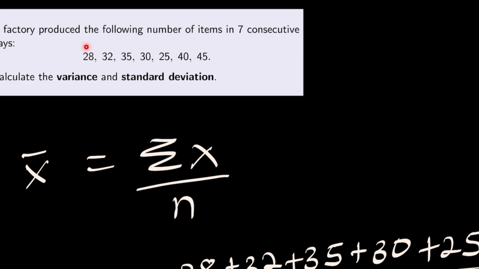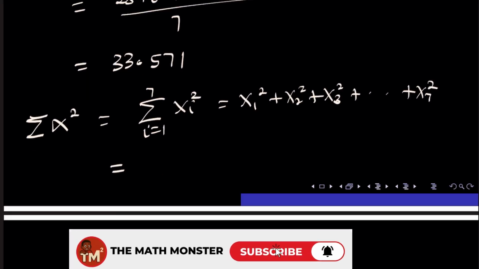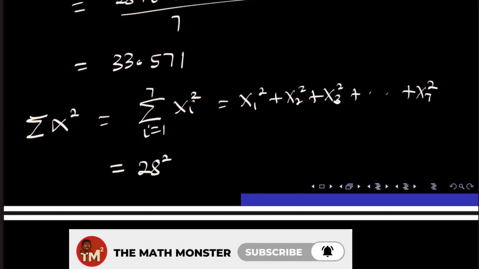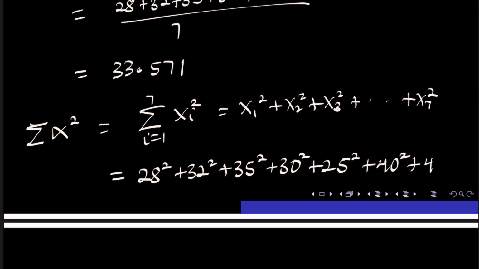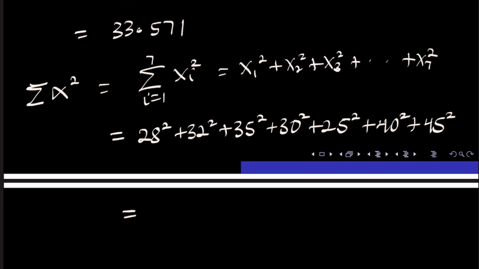In this case, x1 is 28, x2 is 32, x3 is 35, and so on. And thus we are going to have 28 squared plus 32 squared plus 35 squared plus 30 squared plus 25 squared plus 40 squared plus 45 squared. And this is going to give us 8,183.